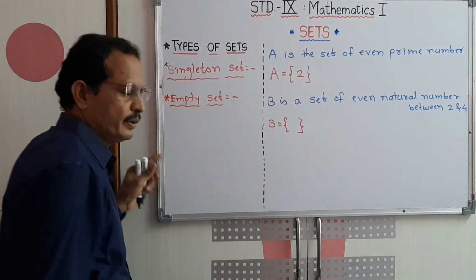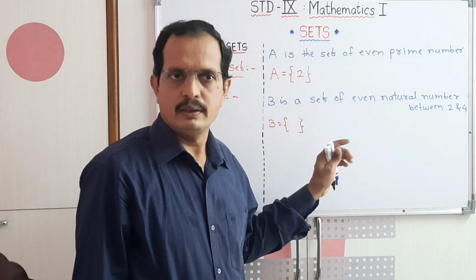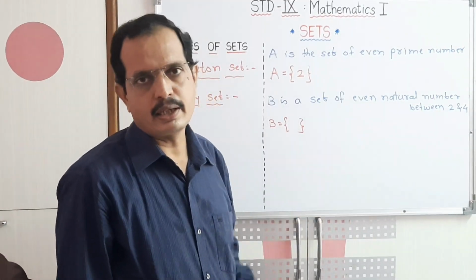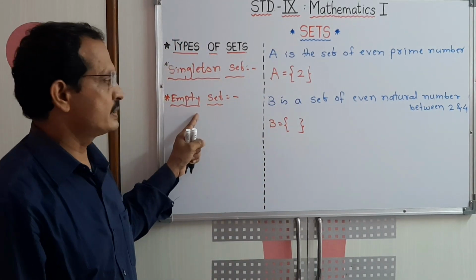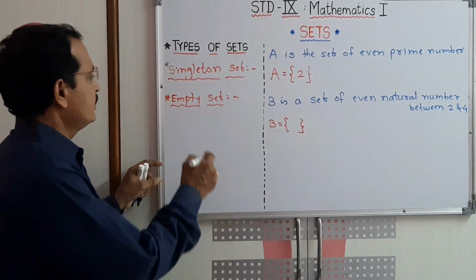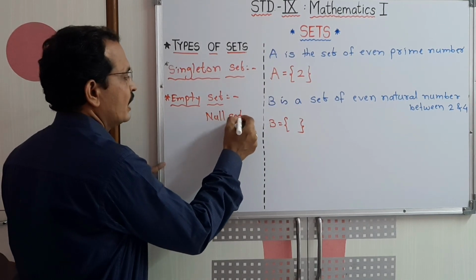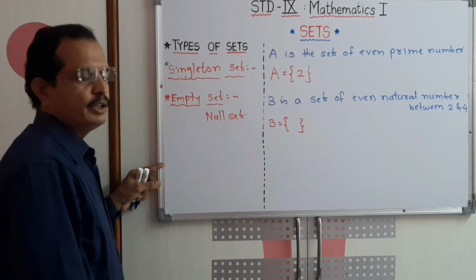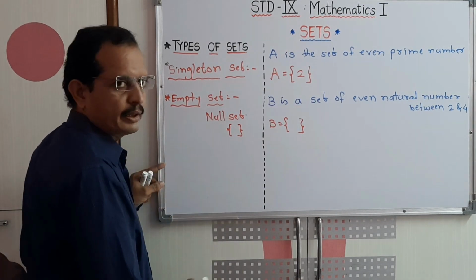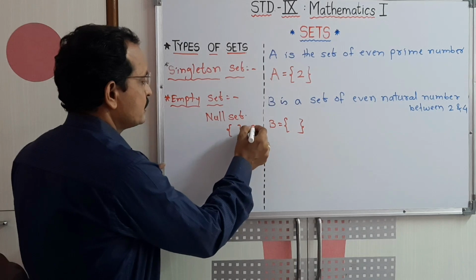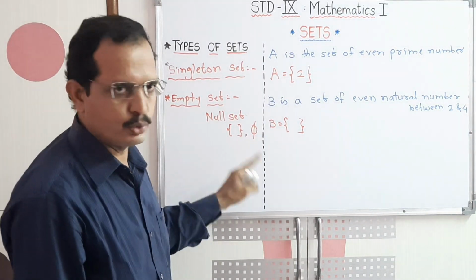That means when a set does not contain any element, then that type of set is called an empty set. This empty set is also known as a null set, and this set is denoted by empty curly brackets or another symbol, known as phi, that we can use.